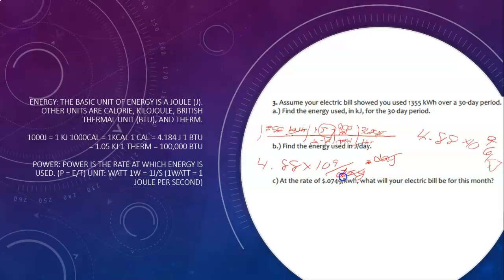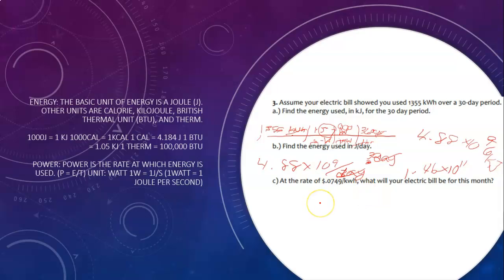And once again, these are going to cross out. 30 days. So we end up with, I notice that I'm using joules and not kilojoules. So I end up with 1.46 times 10 to the 11.